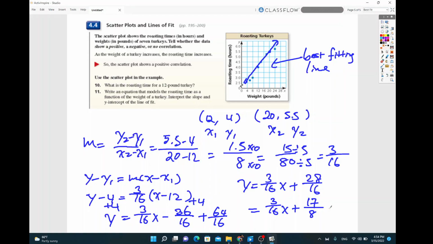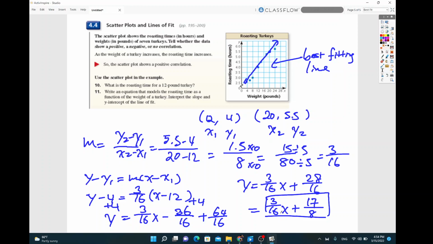For those of you wondering what the y-intercept means: the 2 point something hours is like the preparation time, before taking the turkey for roasting. So here's the equation, and we also need to interpret the slope and the y-intercept. The slope is 3 over 16, the average time to roast the turkey.